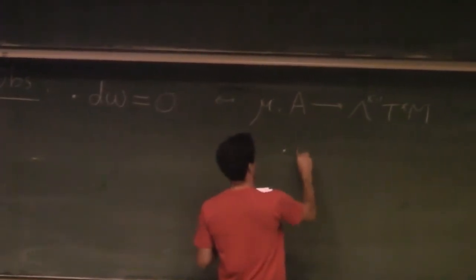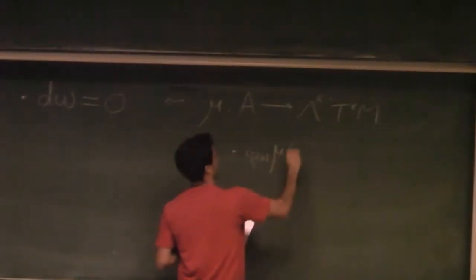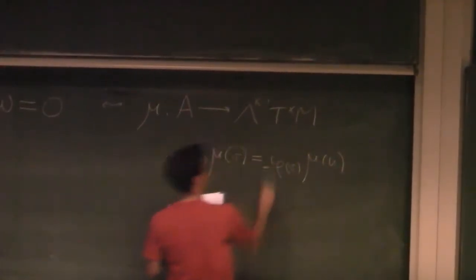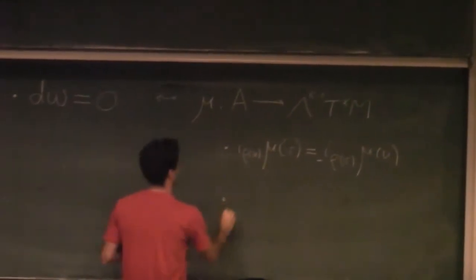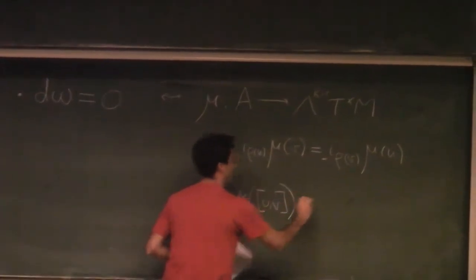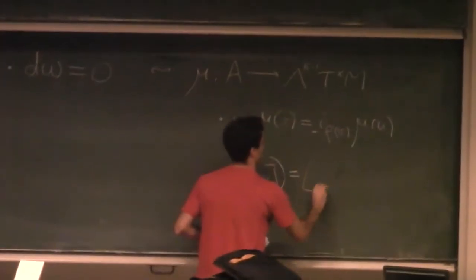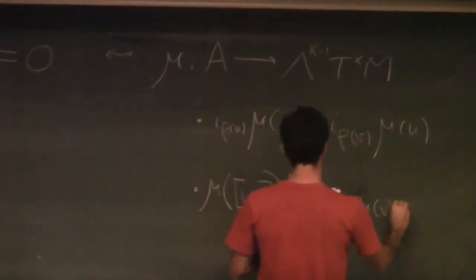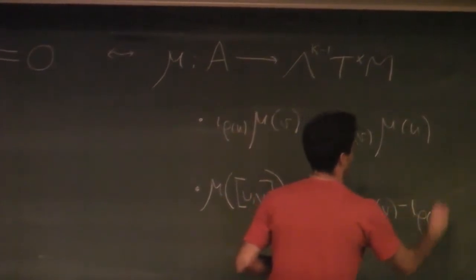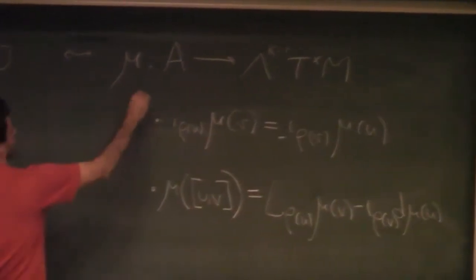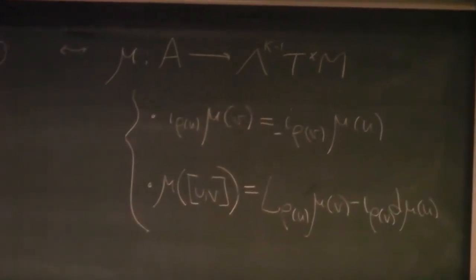So the first is this, the minus sign, and the other one. These are the two equations that are satisfied in this case.